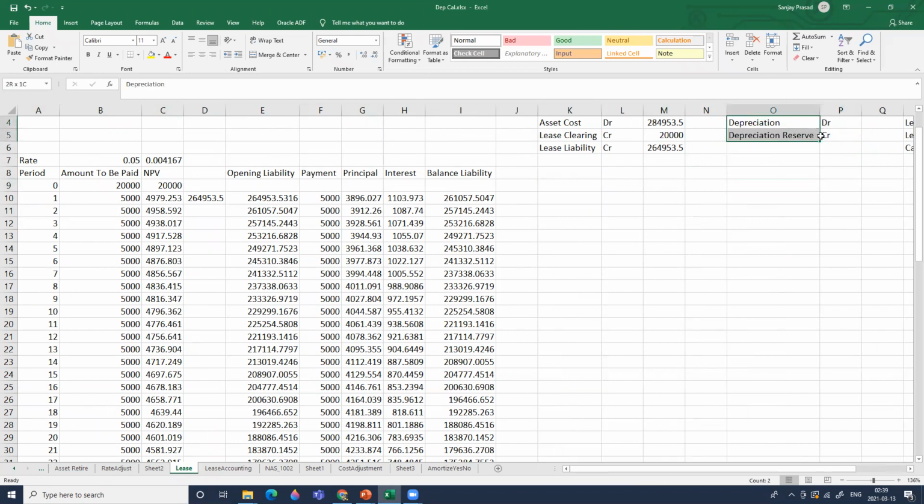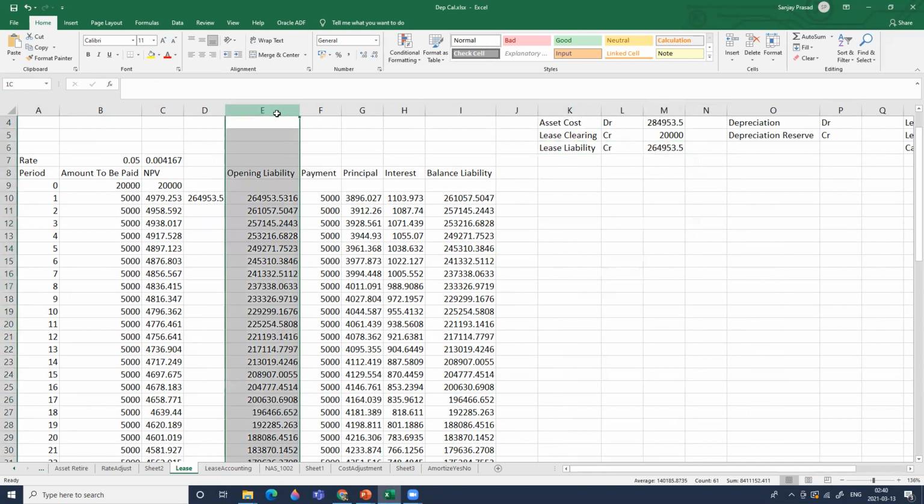Depreciation reserve will be set off over a period against the asset cost. Lease clearing is already cleared because this is already paid. Lease liability, this we have to clear. This is a future liability. We have to systematically recognize the expense, and set it off systematically over whatever applicable period of time there is.